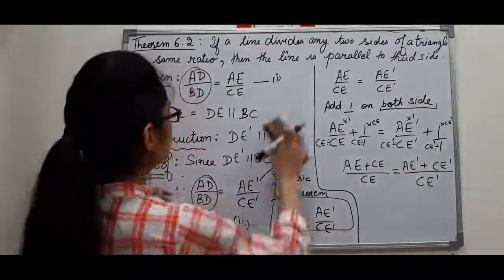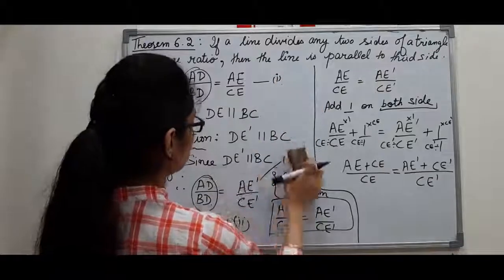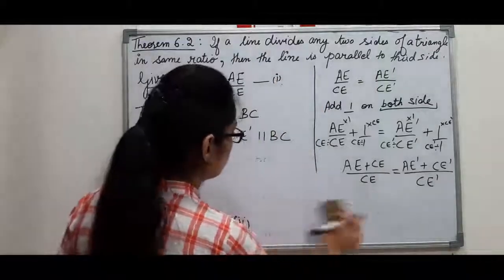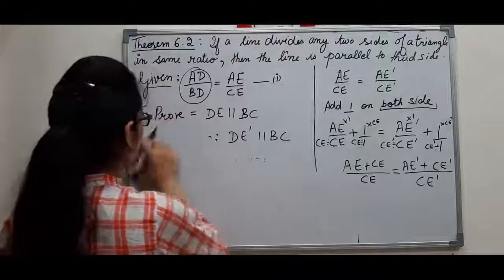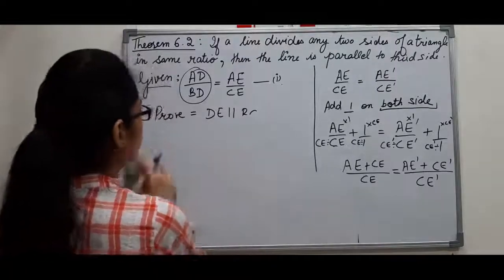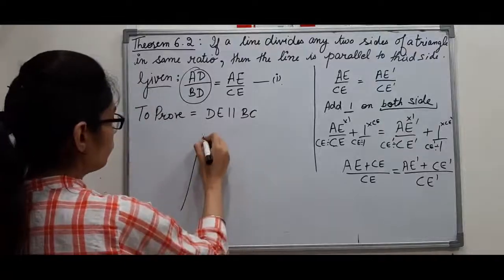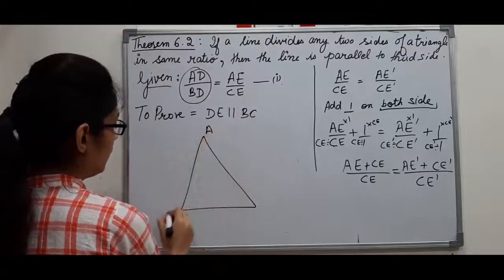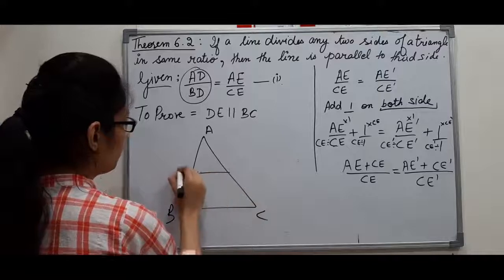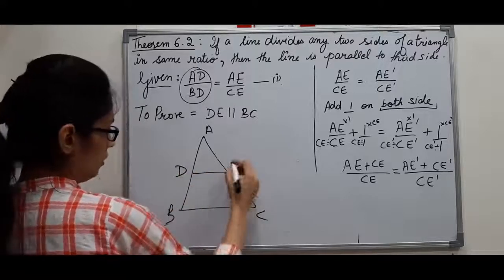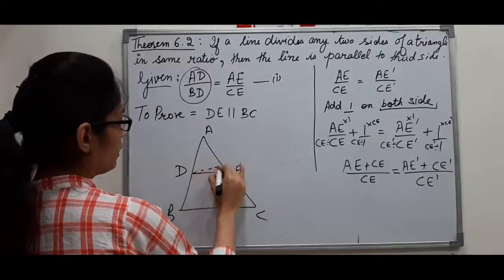Now let's see our figure again. So this was our given figure: A, B, C, D, E, and here point E dash was there.